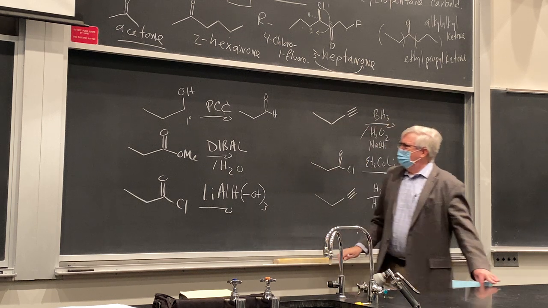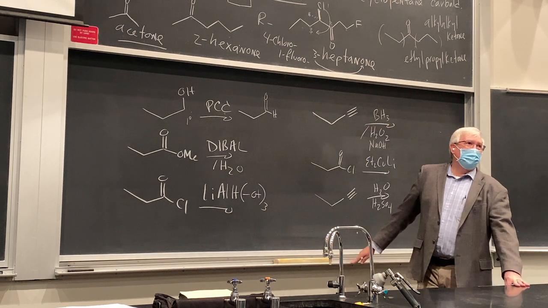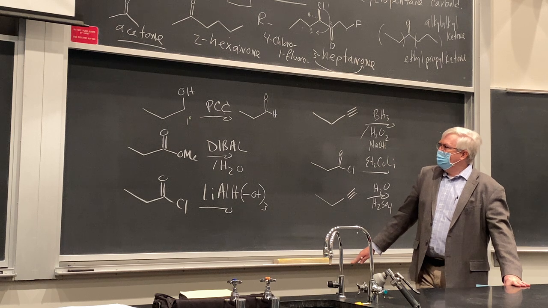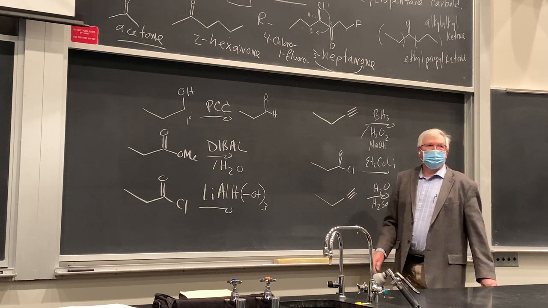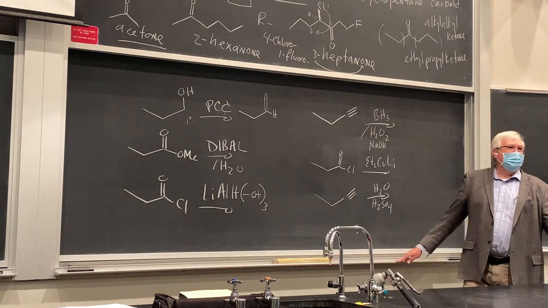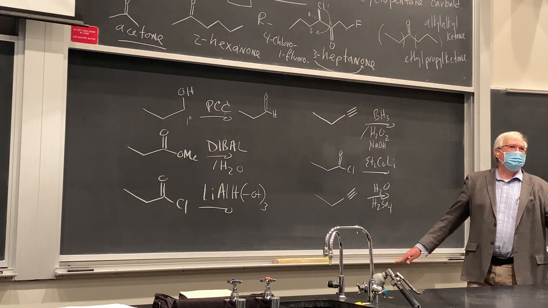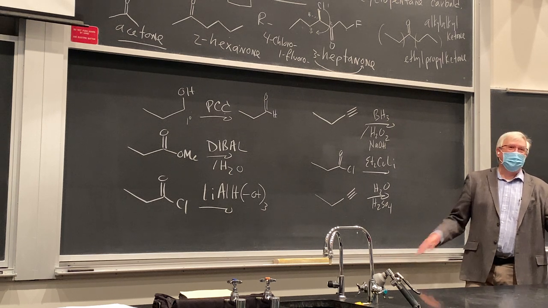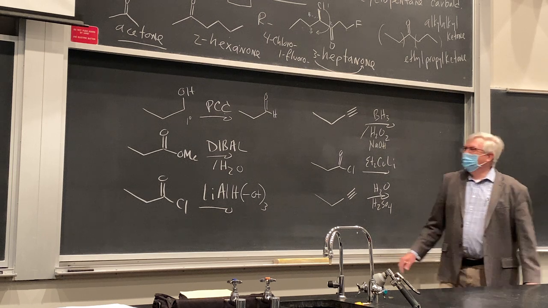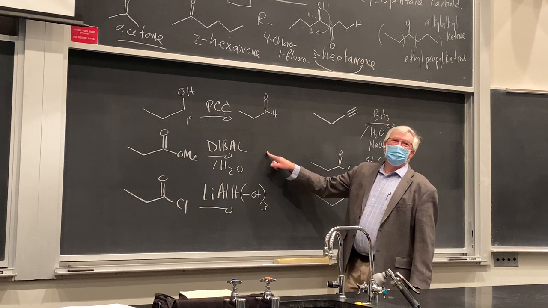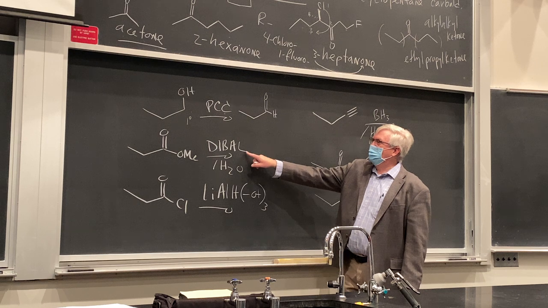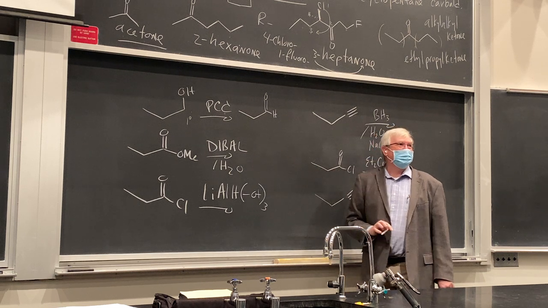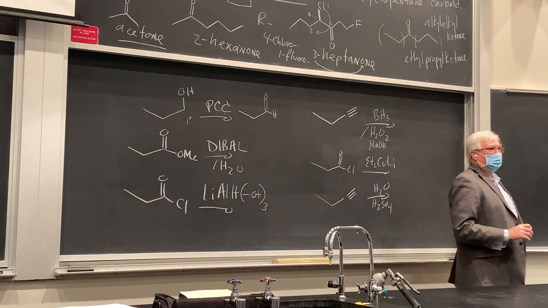How about methyl ester here with DIBAL, diisobutyl aluminum hydride? What are we going to get here? Aldehyde or ketone? There's only two choices. You have a 50-50 guess for all these. Who remembers an ester with DIBAL? We're going to do a reduction, right?